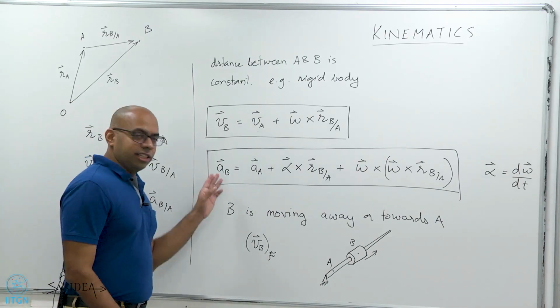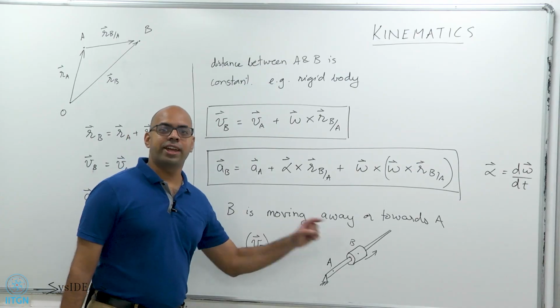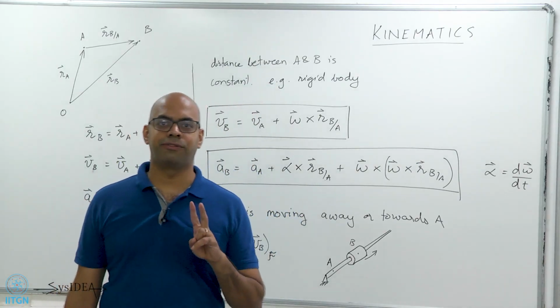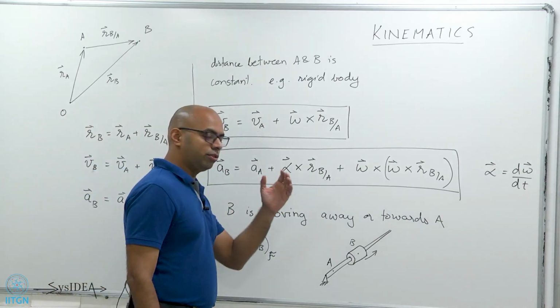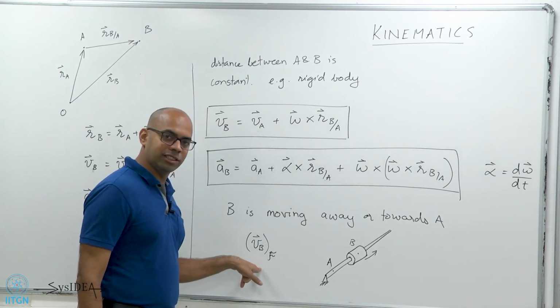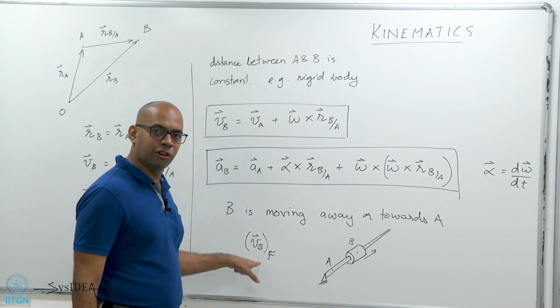Okay, now let's take this to a more general situation of what if B is moving away or towards A. So they are now no longer 2 points with a fixed distance in between, but there is motion towards or away from A. Now let's define this new velocity. This is the relative velocity of B as seen from a rotating frame.